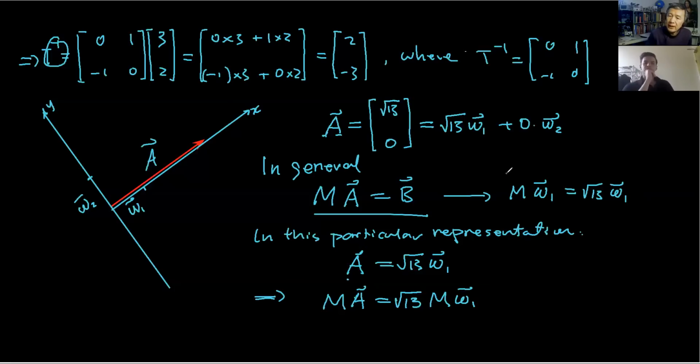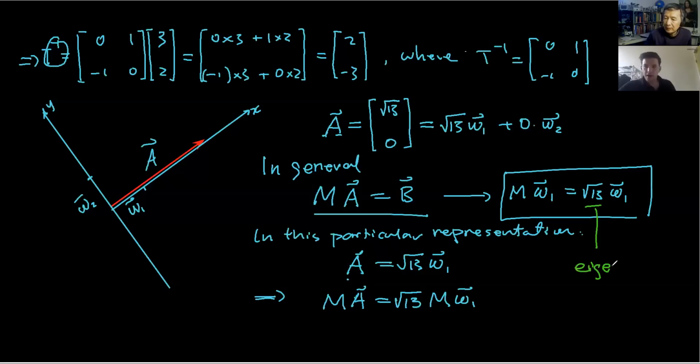Now, here I want to draw your attention. Obviously, you have learned this before. This number is called the eigenvalue, and this W, the one corresponding to this particular eigenvalue, is called the eigenvector.